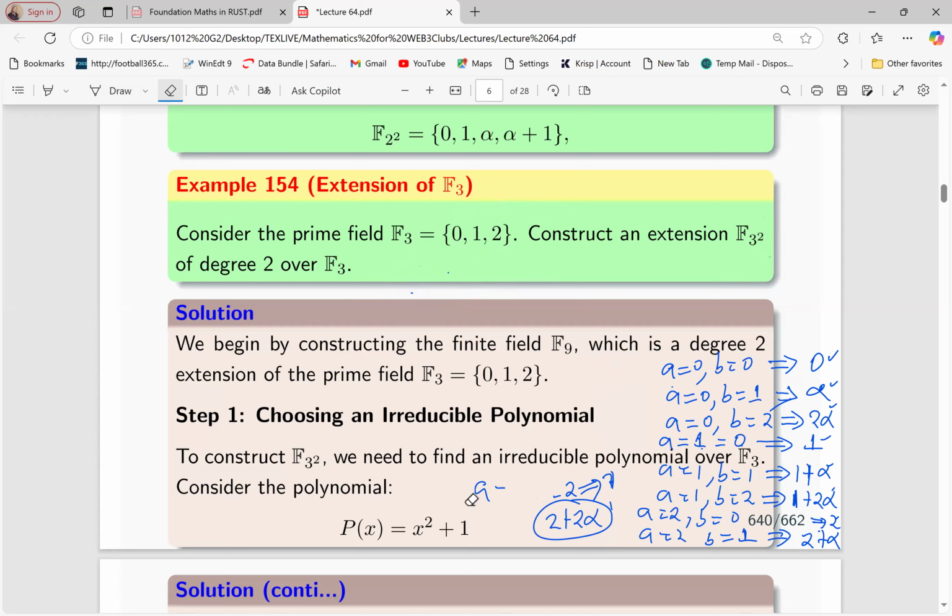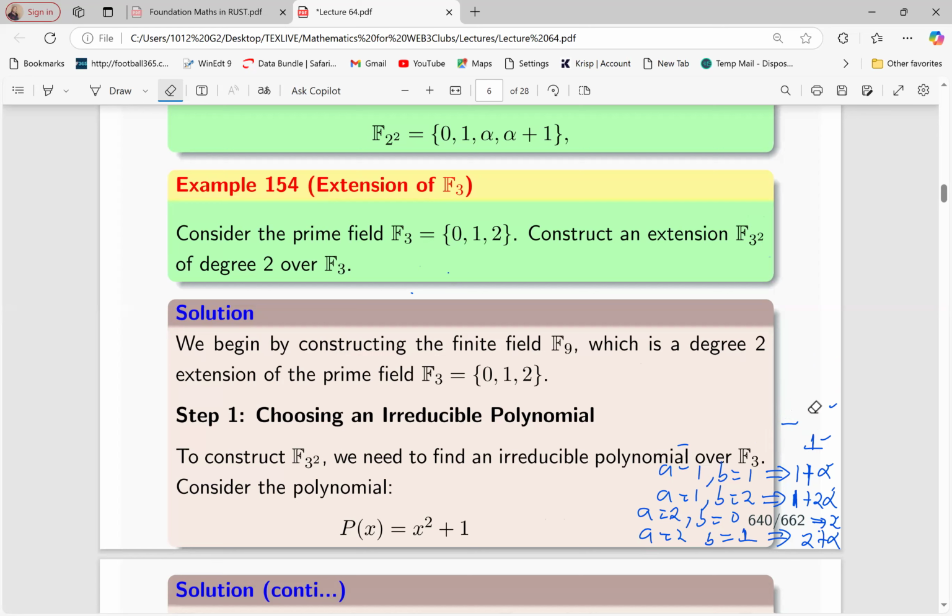And as I said, if you have several different people, they'll be coming up with different polynomials. But when you create a multiplication table, that multiplication table will be the same.